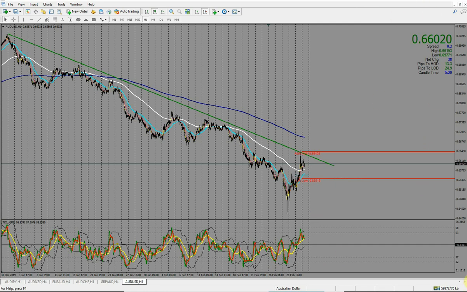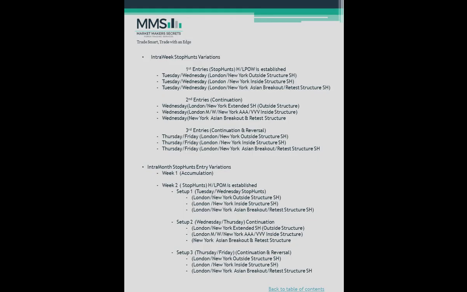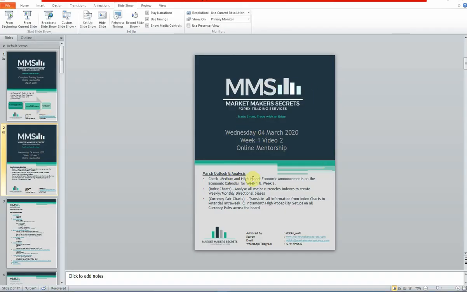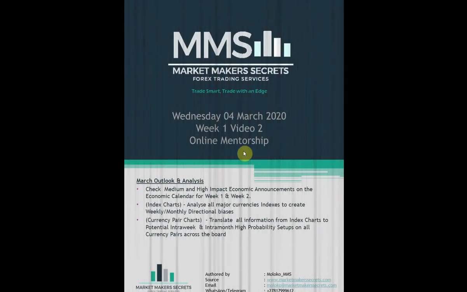So I just wanted you to understand the relationship between the index charts and the currency pairs, how to translate the information that you get from the index chart into the currency pairs, how to translate the information from the economic calendar into the index charts.